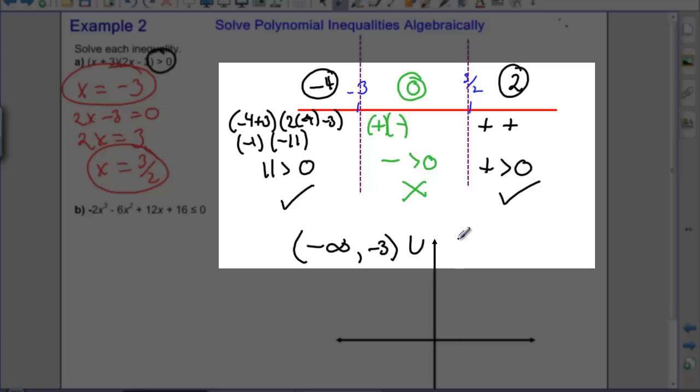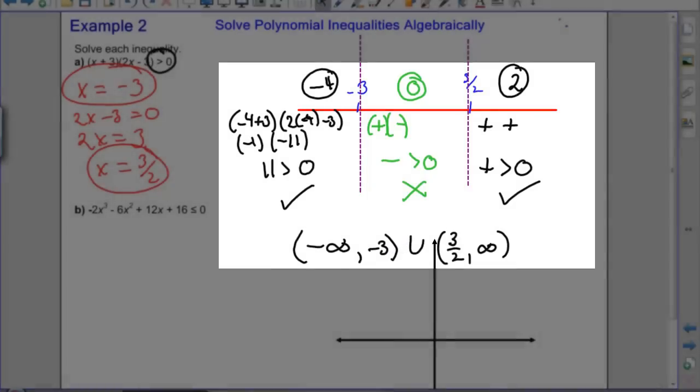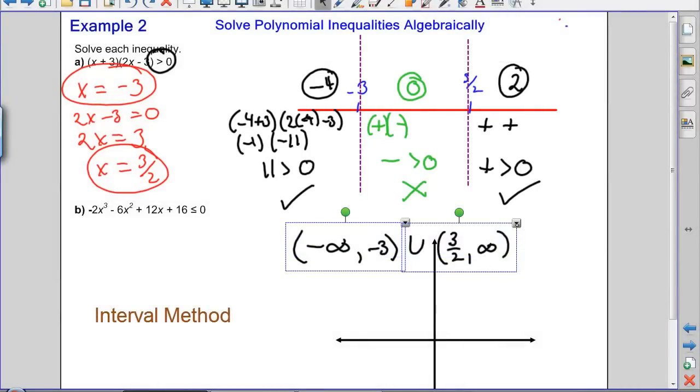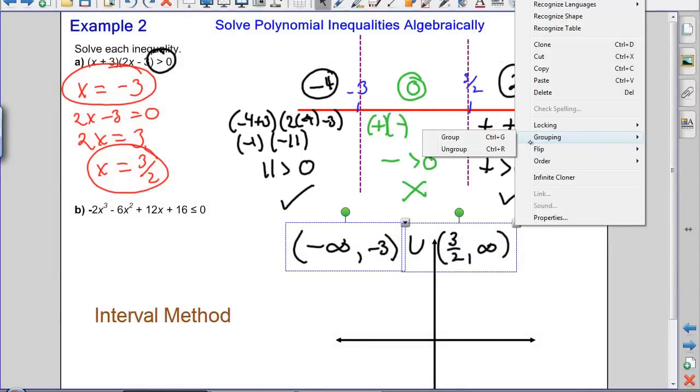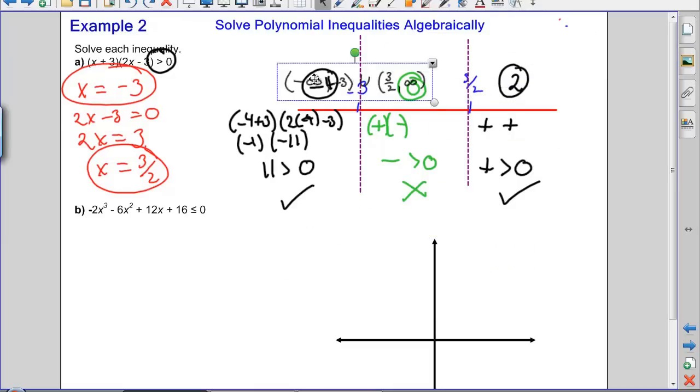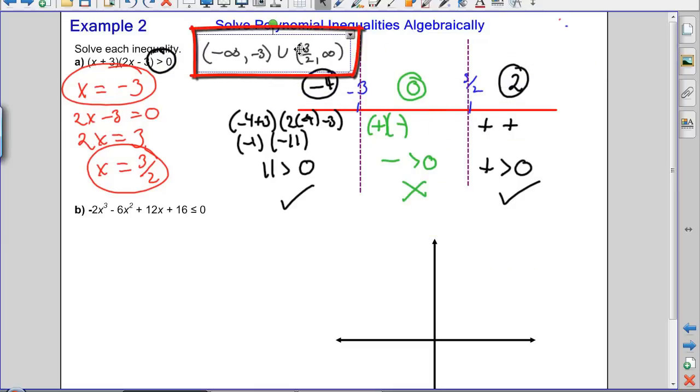And it also includes from 3 over 2 to +infinity, all round brackets. And it's always round brackets around infinity, but round brackets around the -3 and the 3 over 2 because it's just greater than. So that is a method of solving inequalities using what's called the interval method. And we can use that in many, many cases. So the solution is going to be here.